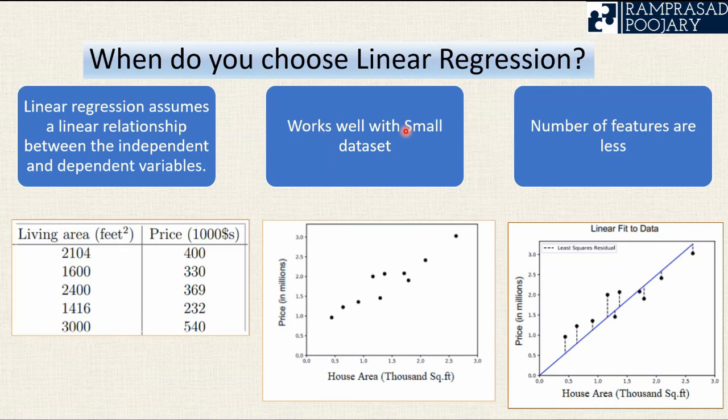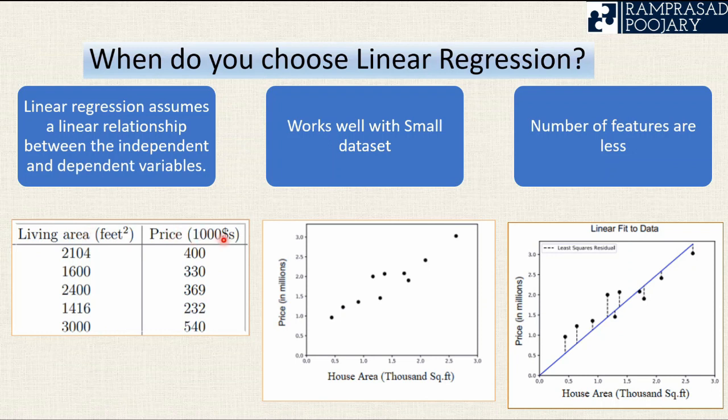So when do you choose linear regression? Linear regression assumes a linear relationship between independent and dependent variables. Independent variable is nothing but a feature. Dependent variable is the target variable or the output variable. Let us look at the sample data set which is given here. You have only one feature, which is x, the living area or house area.